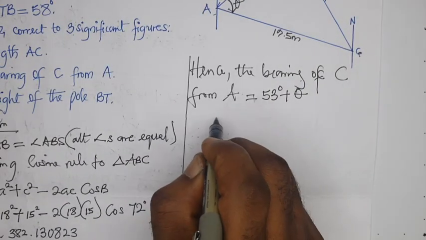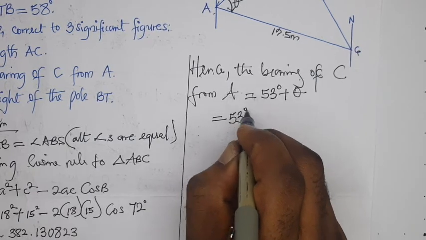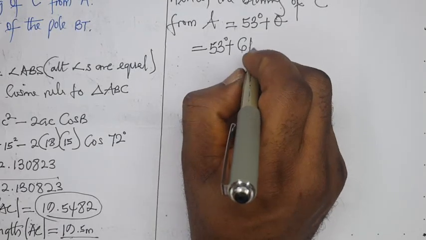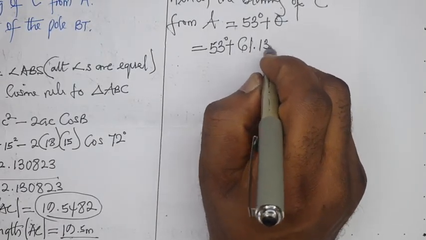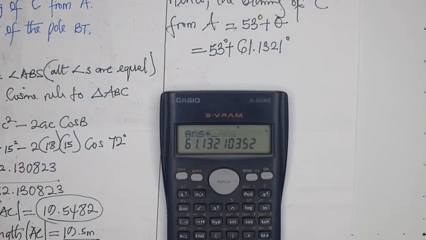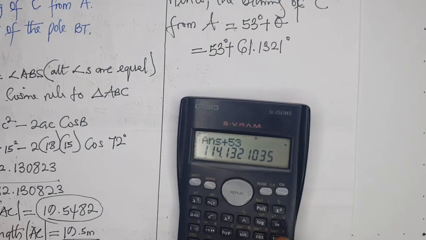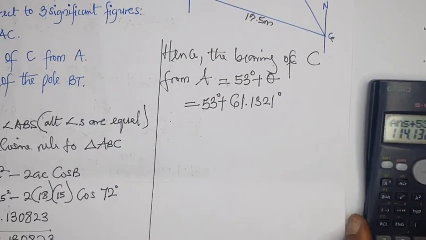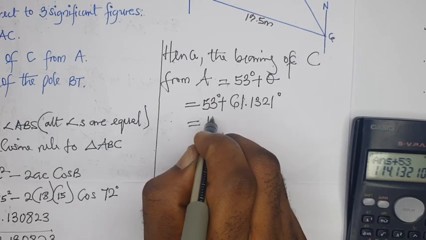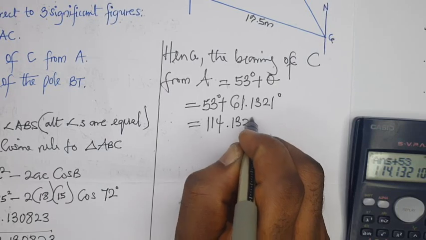So what it means is 53 degree added to the value of theta is 61.1321 degree or so. So let's add this together and see what that gives us. Add 53 to what we already have. That is 114.132 etc. So we leave it at 114.132 degree.